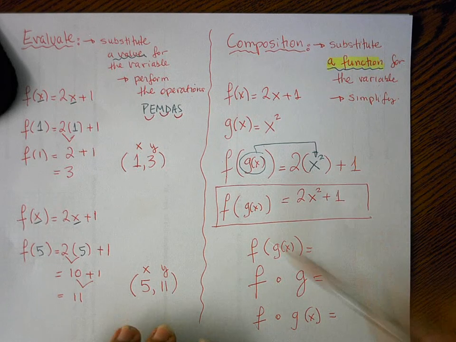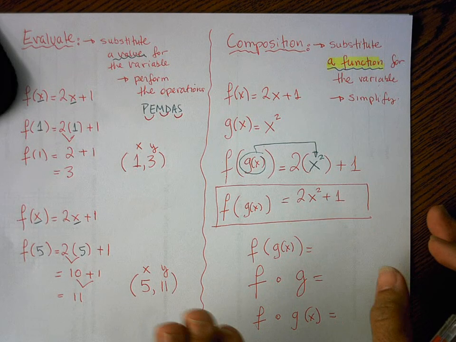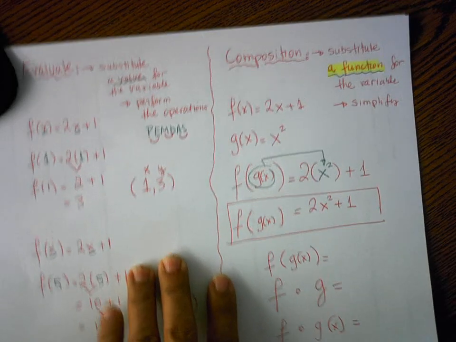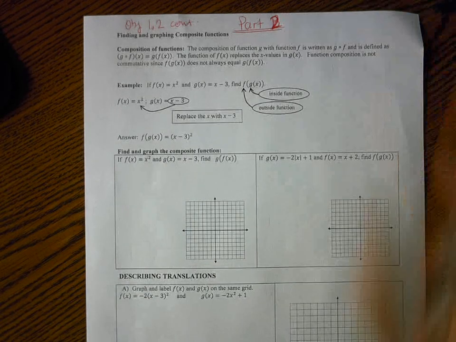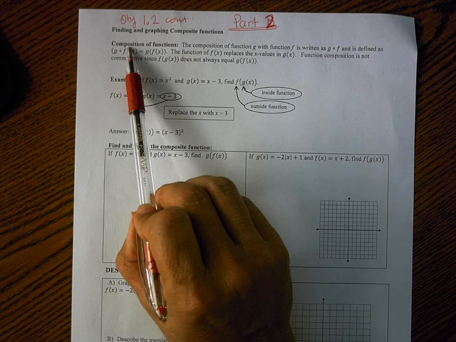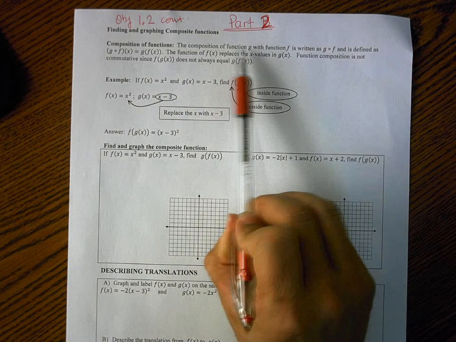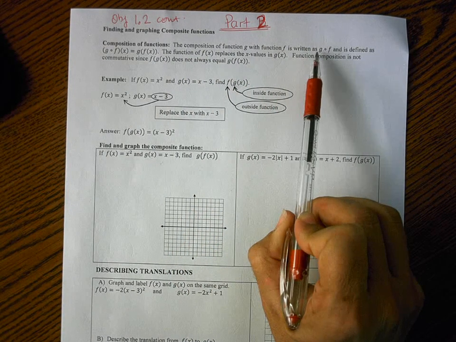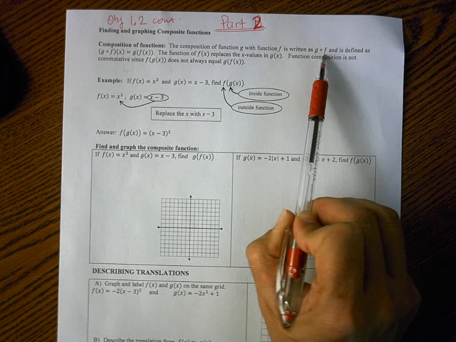So I know this is just one example. I want you to just kind of have an idea. Let's go ahead and get into the worksheet here. We go a little bit more into explanation. So let's go over the explanation one more time. What does composition of functions mean? The composition of a function g with f is written as g of f, okay?